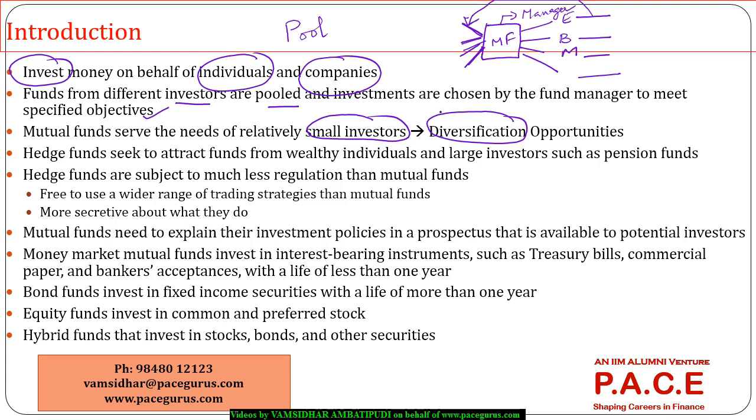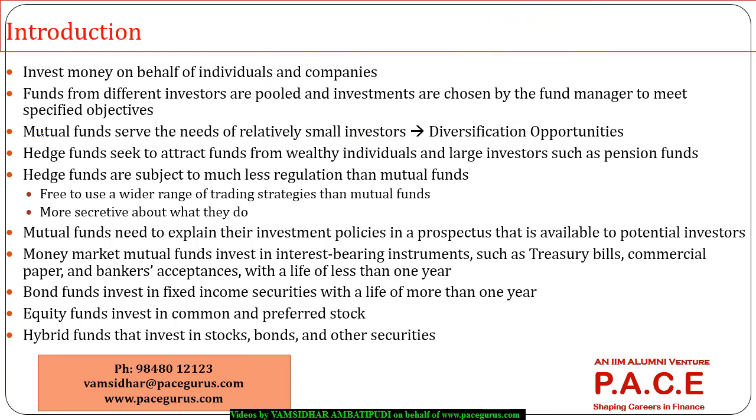But through a mutual fund, they get a lot of diversification opportunities because even in the case of a mutual fund, it's a pool of investment. So there might be a possibility that my share of investment could be only a small proportion of one. It may not be a one, it may be a small fraction as well. Whereas directly I cannot buy a fraction of a share. So this is where mutual funds could be helpful.